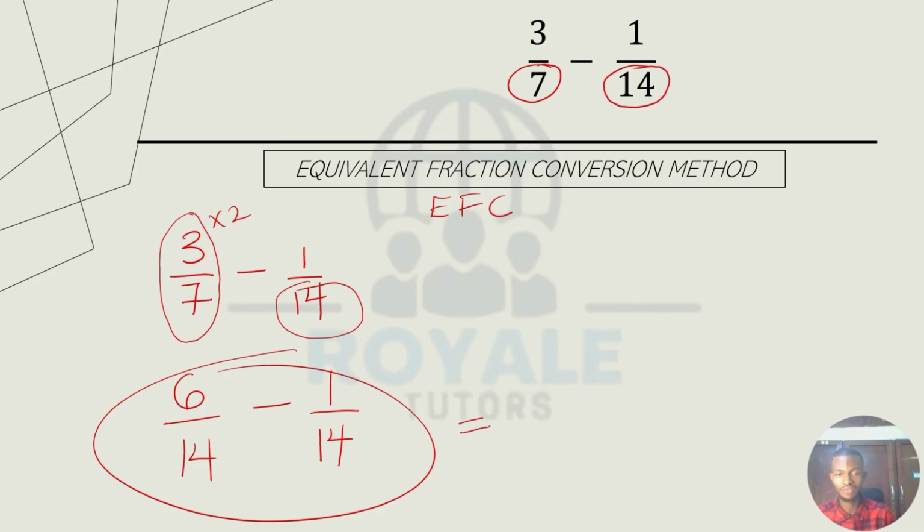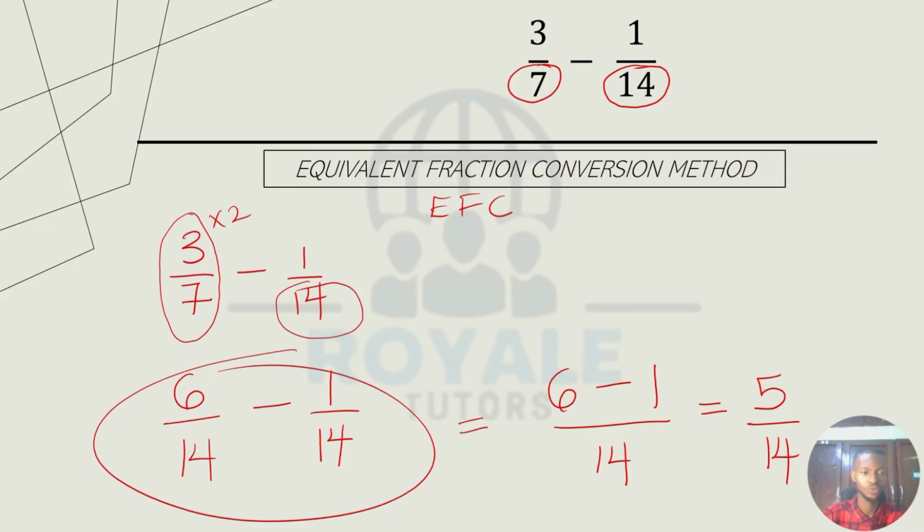So just as I've taught you in the previous videos, we know that with like fractions, we only deal with what? The numerator, which is 6 minus 1 divided by 14, and our answer will be 6 minus 1 is 5. Then we have 14 as the denominator. So you see how our EFC works.